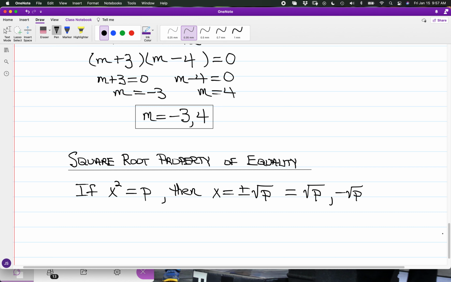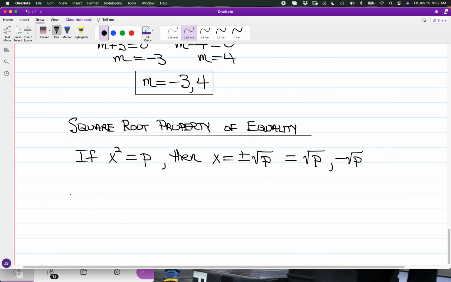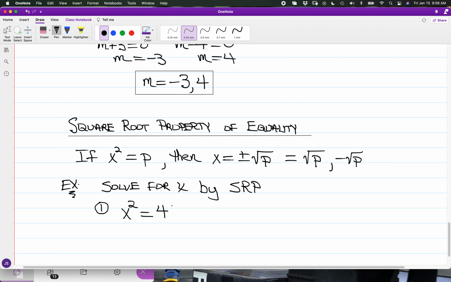And just taking as examples, say you're looking at solving for x by SRP, square root property, and in this one, we'll say that we have x squared is equal to 49.